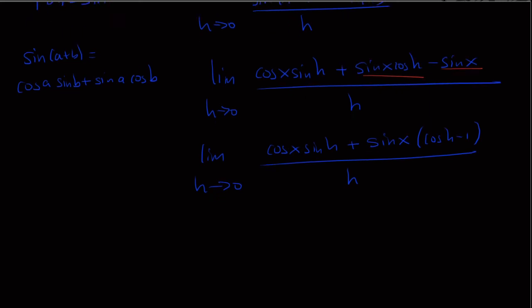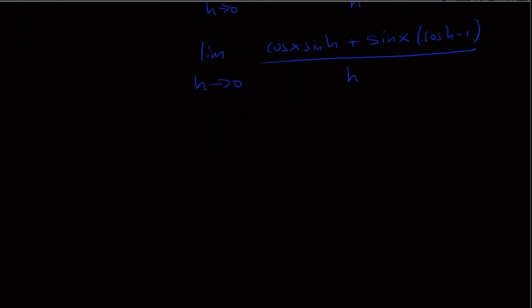Now we can break this up into two different fractions. We can have the limit as h approaches 0 of cosine of x, and that's sine h over h, plus sine of x times cosine h minus 1 over h.